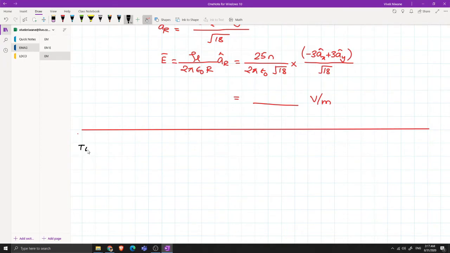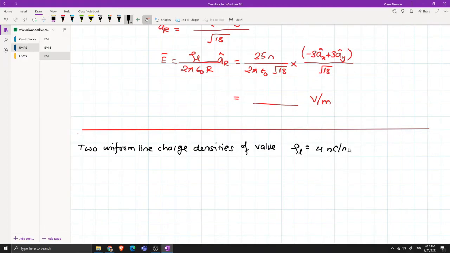The numerical statement says that two uniform line charge densities, each of value rho L equal to 4 nanocoulomb per meter, lie in the x equal to 0 plane at y equal to plus minus 4 meter.